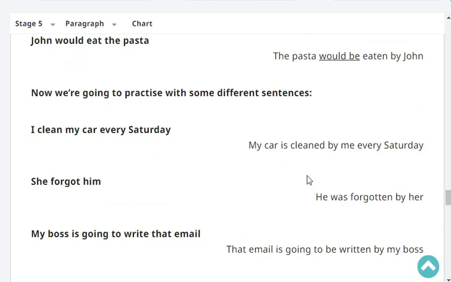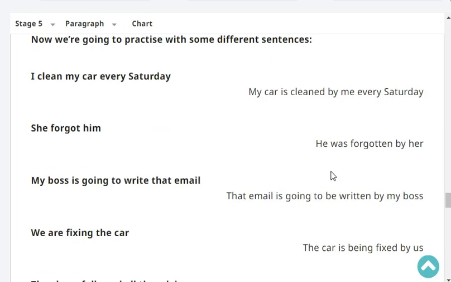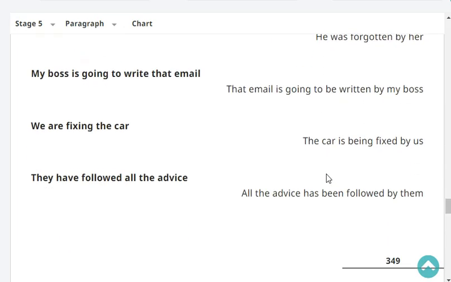Okay, now let's practice with some different sentences. I clean my car every Saturday. My car is cleaned by me every Saturday. He forgot him. He was forgotten by her. My boss is going to write that email.